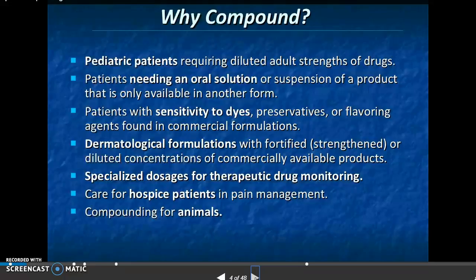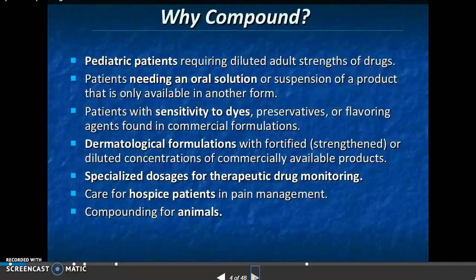Patients' sensitivity to dyes, preservatives, and flavoring agents. And we talked about this before, that there are many things that are added to the prescription as fillers. And so if a patient is allergic to some of the fillers, some of the dyes, preservatives, or flavoring agents, then that particular medicine has to be redone.